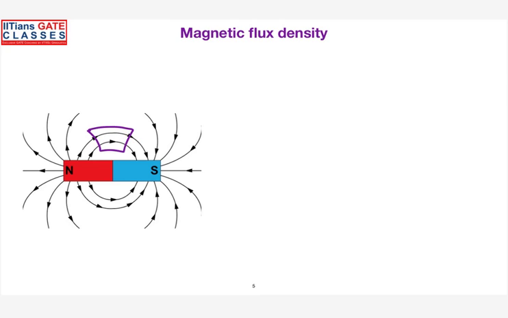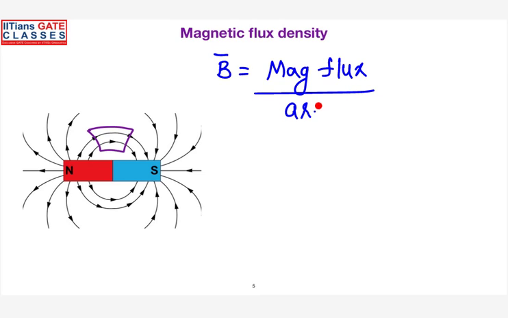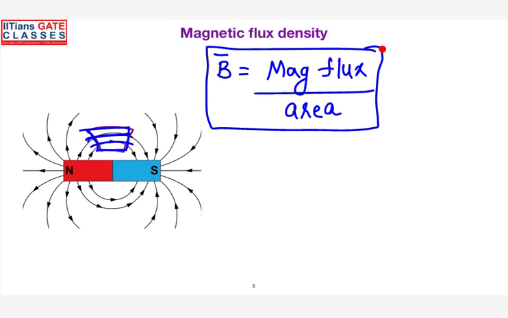Mathematically, the symbol for defining the magnetic flux density is B. I can say the magnetic flux density is the magnetic flux passing through a given area. So you consider a small surface, and how much magnetic flux is passing through this surface is a measure of the magnetic flux density. Can you tell me the units of this?